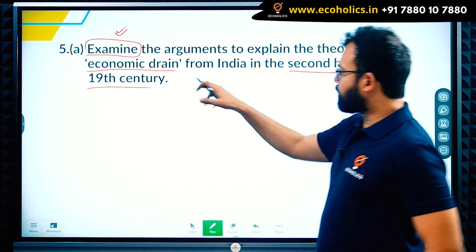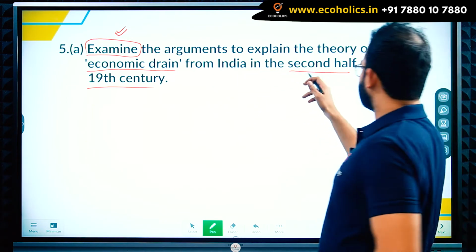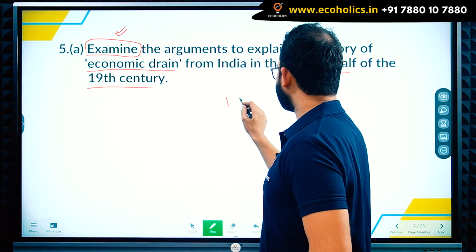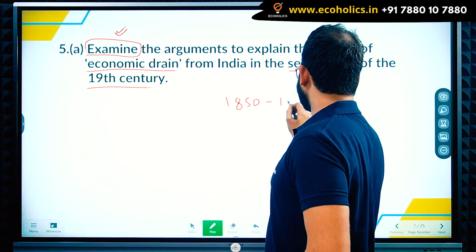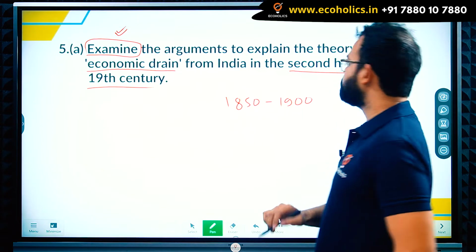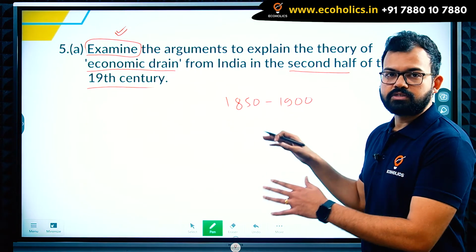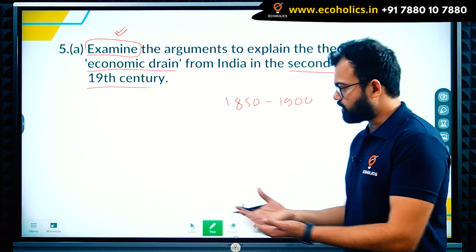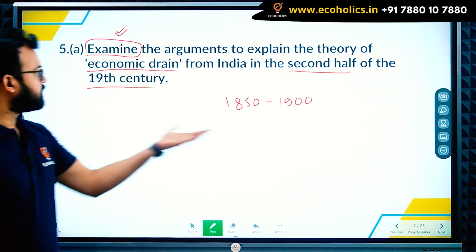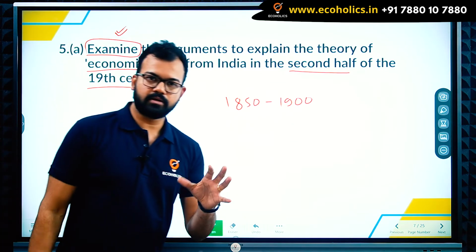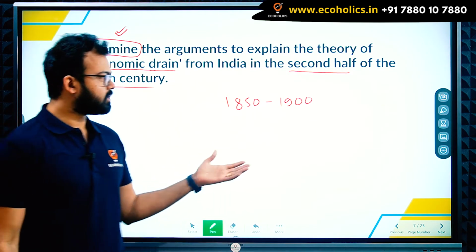Now what you have to write is economic drain theory. What is the second half of the century? So 1850 to 1900. This is the time period for which the question is asking you to write the answer. Now, economic drain theory: you remember Dadabhai Naoroji gave the concept of economic drain.